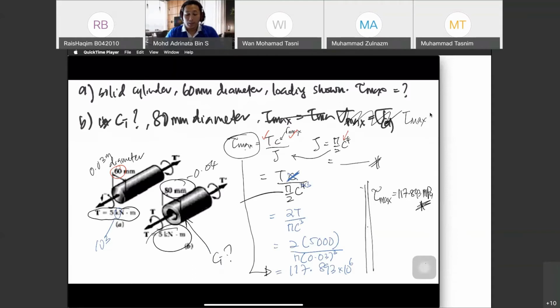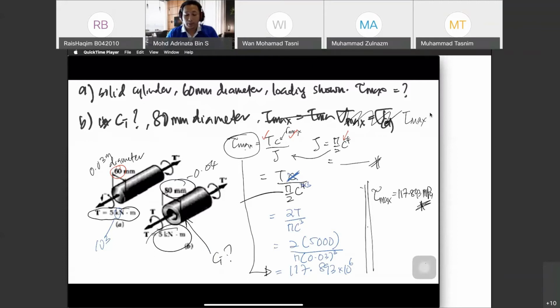Okay, soalan B, question B is about 80 mm hollow cylinder. So outer diameter 80 mm, inner diameter kena cari. You need to determine the inner diameter. And then given torque is 5 kN meter, same as A, and you need to find the inner diameter.